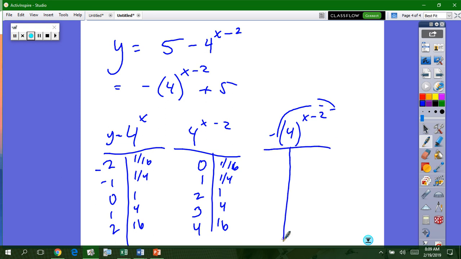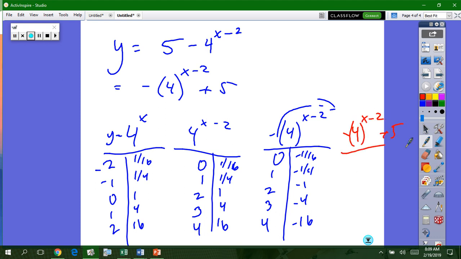So I'm going to multiply all my y values by -1. And last but not least, the last step is that plus 5. It is also on the outside, so I'm going to raise everything up 5.